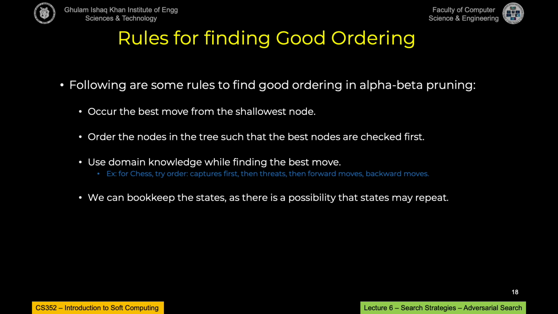For example, for chess, try the order that we must capture first, then we should threaten maybe the pieces or the king, then we should try the forward moves, and lastly we should use the backward moves. We can also bookkeep the states, as there is a possibility that states may be repeated, so we'll have the best move saved with us, and this is going to save us a lot of time.